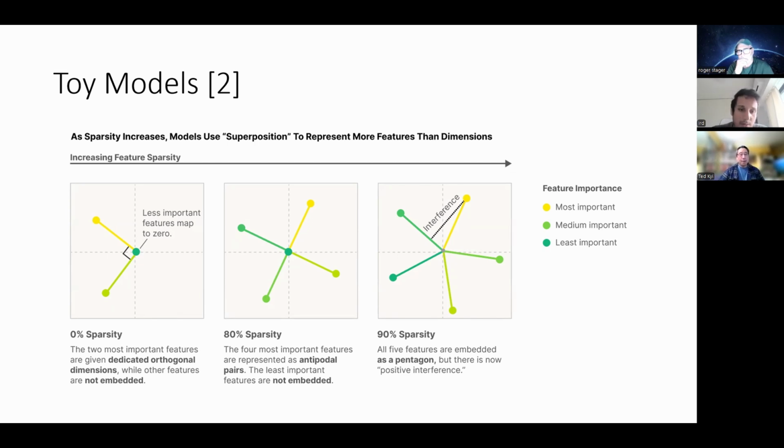Then what they found in the LLM is that it would represent the top four most frequent concepts as the four compass directions. And you now have this medium green and this yellow concept. They will totally collide. If they appear in the same sentence with roughly the same magnitude, they're going to cancel each other out, and you're going to lose them.